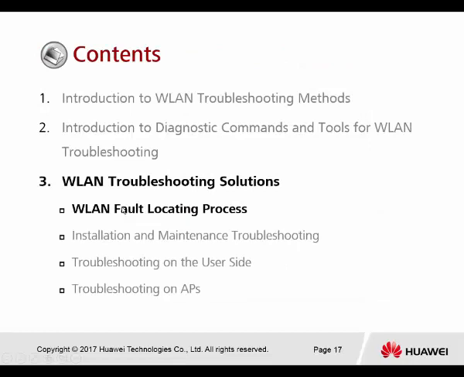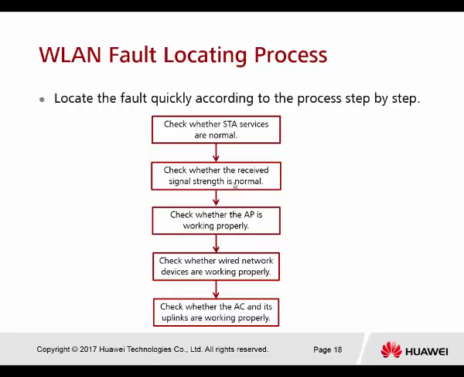Number 3, the troubleshooting solution. The fault locating process: locate the fault quickly according to the process, step by step. First we're going to check the STA. When there's a wireless problem, we always start from the laptop. Check whether those devices can connect to the Wi-Fi.